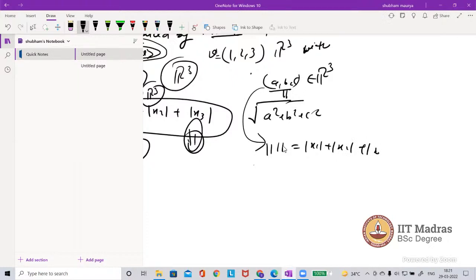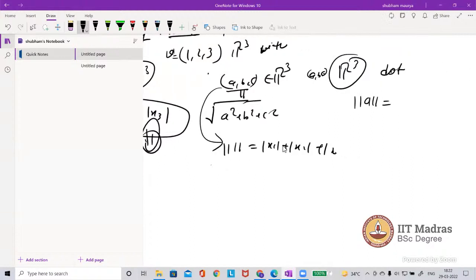If somebody says suppose R3 is an inner product space with respect to the dot product, then find the length of this vector ABC, it means you need to find the norm, which is the inner product of the vector with itself. Let's say this is V. The norm of this vector is this one.